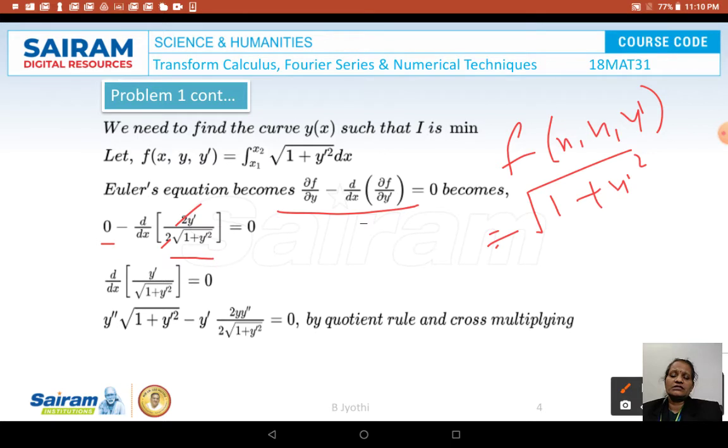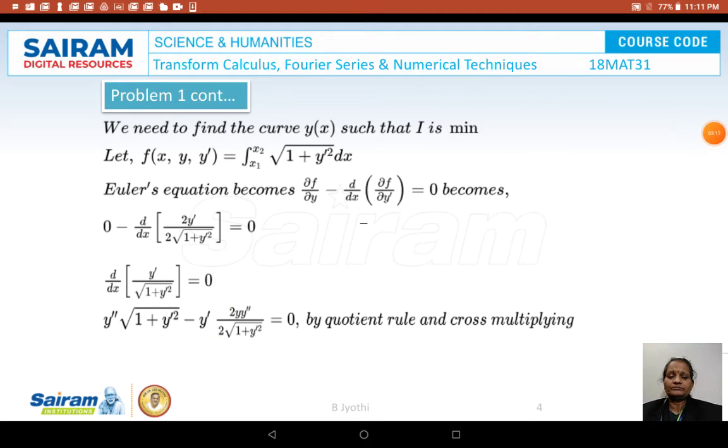What we get is y double dash into root of 1 plus y dash square minus y dash into 2y dash y double dash divided by root of 1 plus y dash square into 2. Here 2 and 2 get cancelled. Then it can be simplified further.